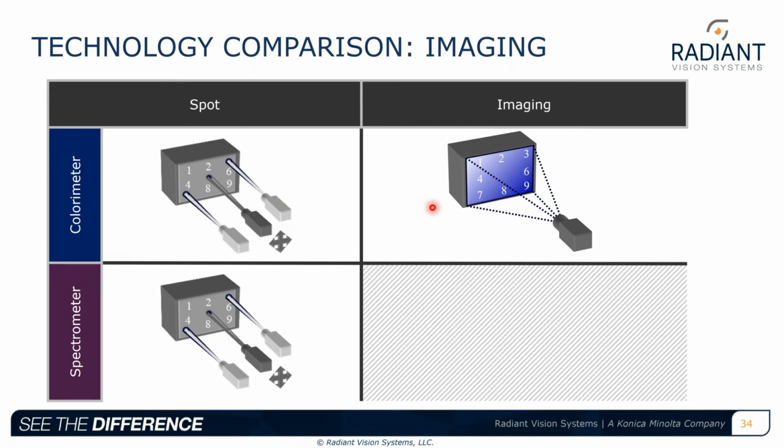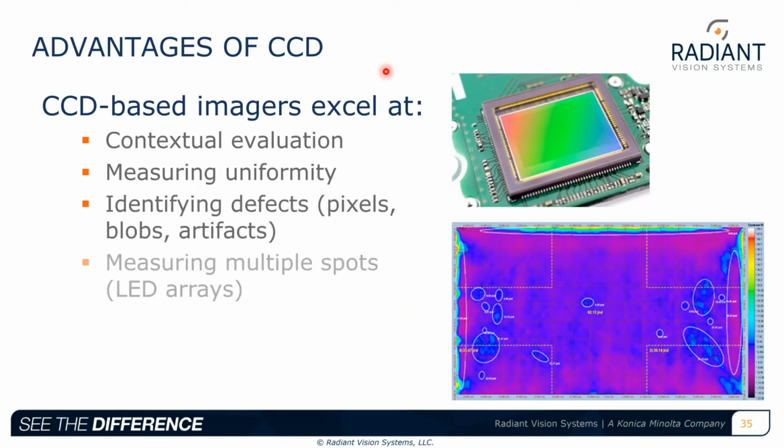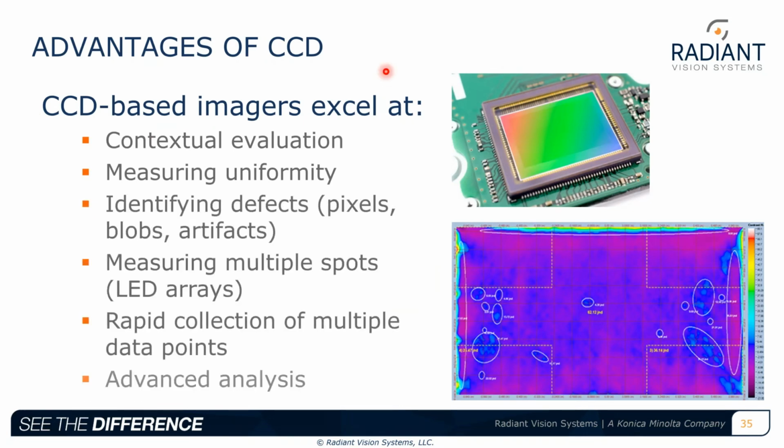We rely on the filter system to get the color values for us. So with this, some of the advantages of using an imaging system, besides just time, of course, because rather than taking those 9 measurements, you can just take 1, and many times 9 wouldn't even be sufficient.